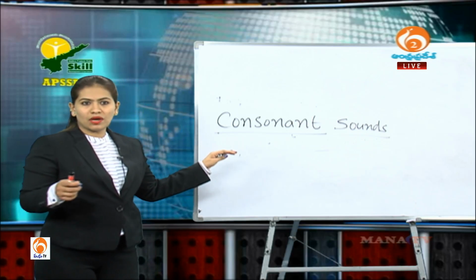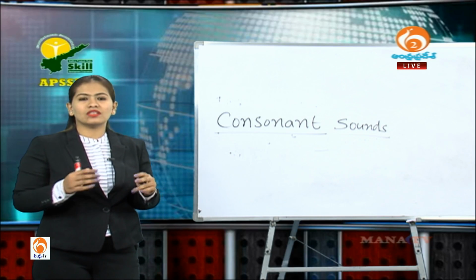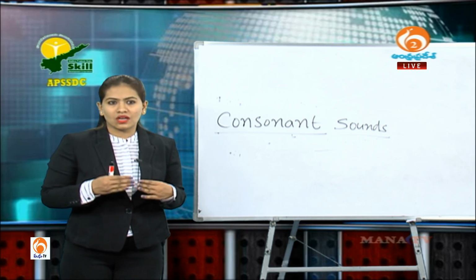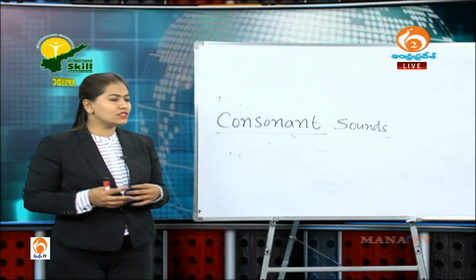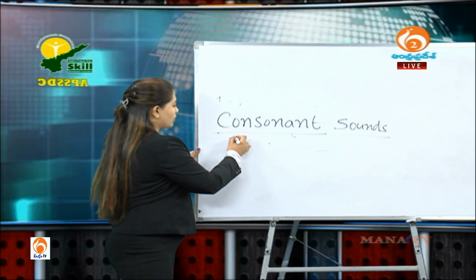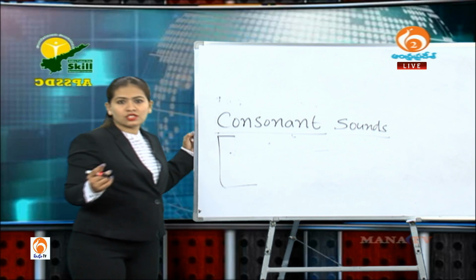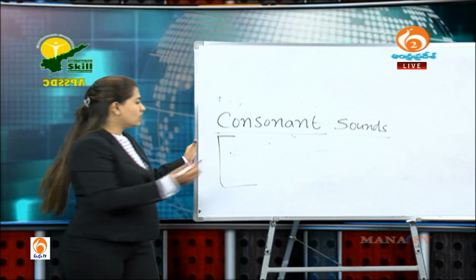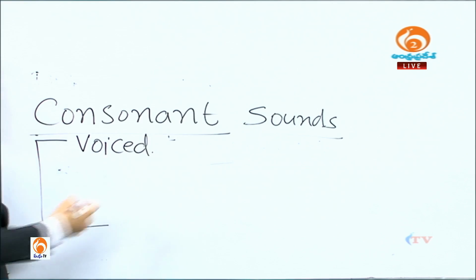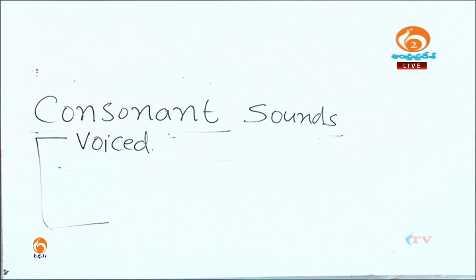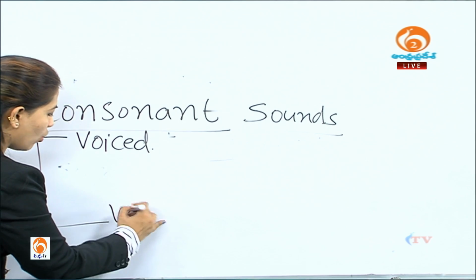There are 24 consonant sounds in English language, and under these 24 consonant sounds we have two bifurcations. Certain sounds are voiced and certain sounds are voiceless.